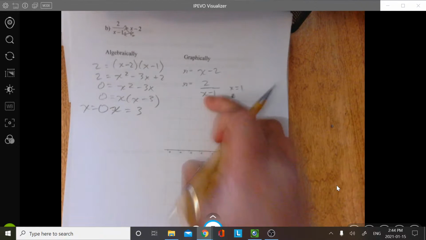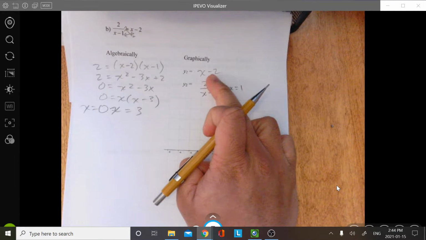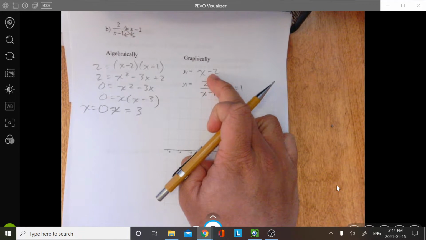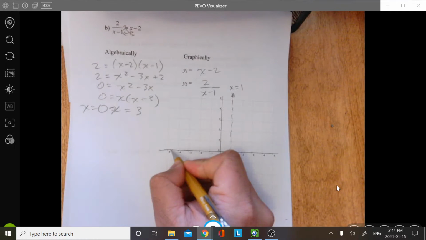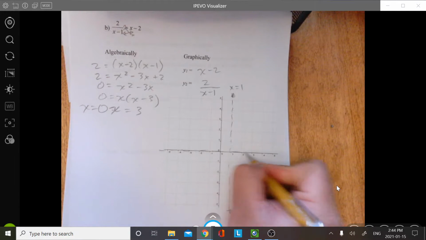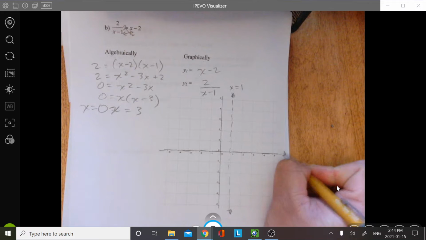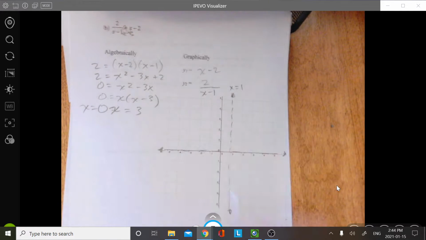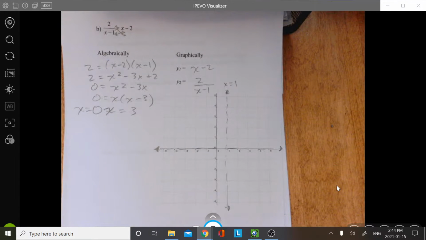So the degree of my denominator is bigger than my numerator. So my HA is at 0, and there's no K value in this one. So it stays there.